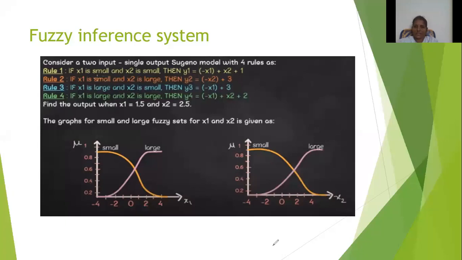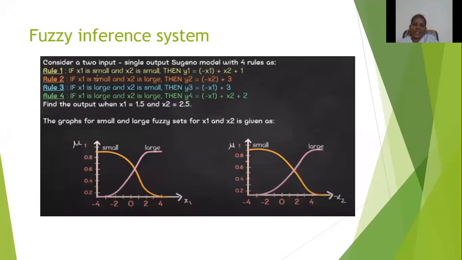Okay, please follow me. Please note down these rules in a book and mark these graphs also on a paper with pen. Then only it will be easy for you to mark your membership function values.